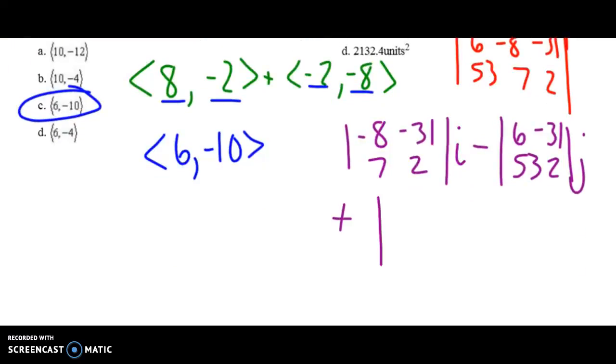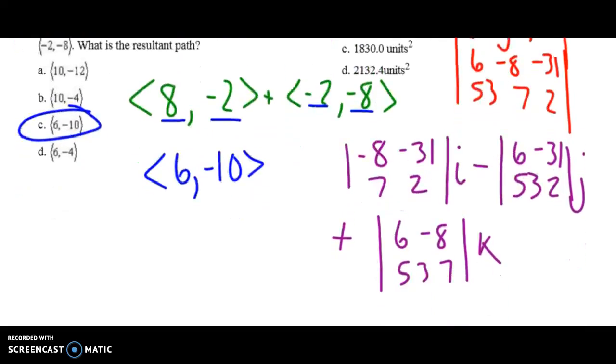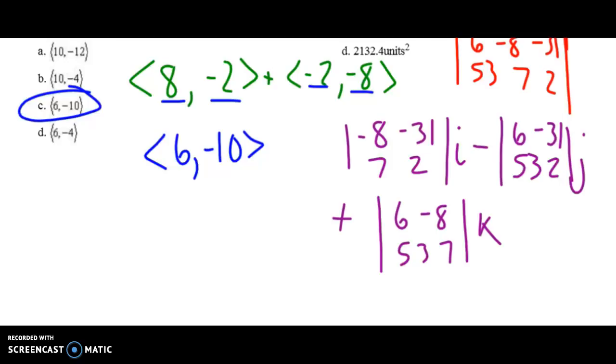Then I add 6, negative 8, 53, 7, and that's for k. So I find my cross product, and I find my determinant, so negative 16 minus negative 31 times 7. So that's 201i.